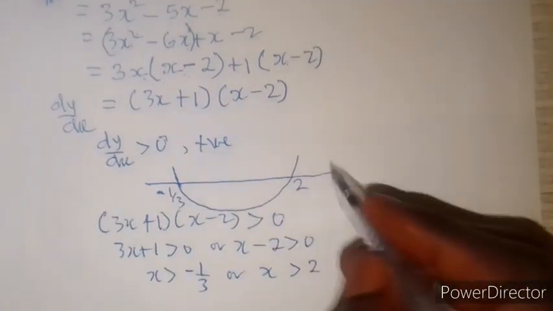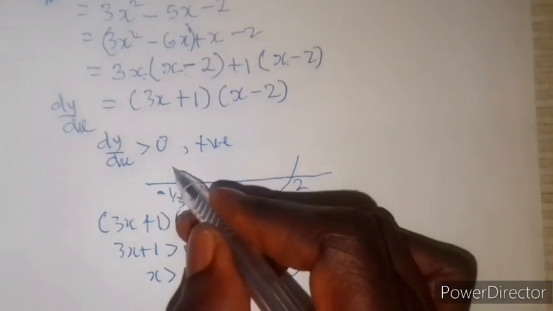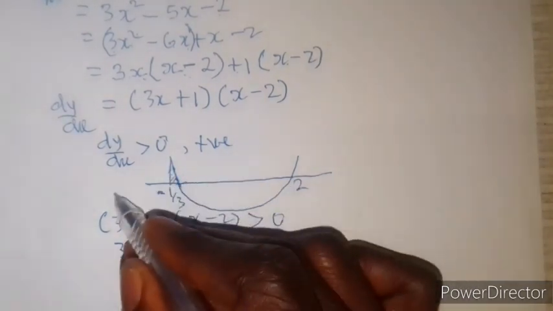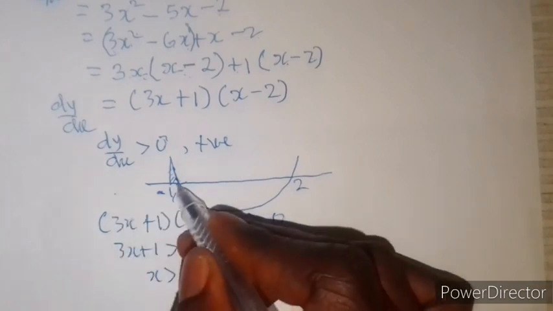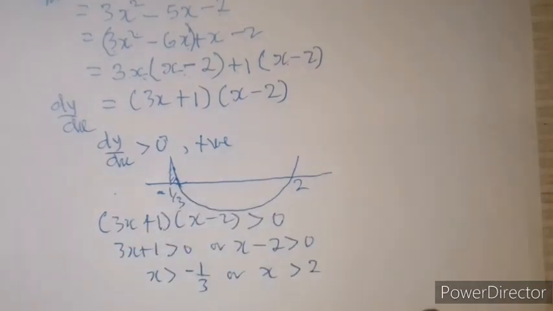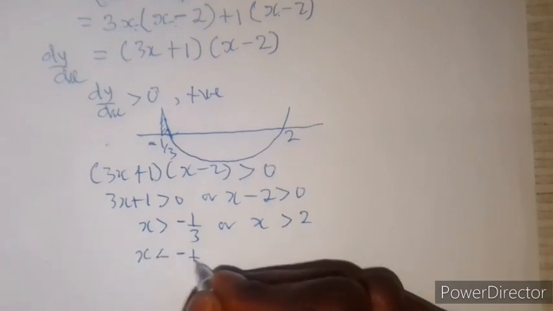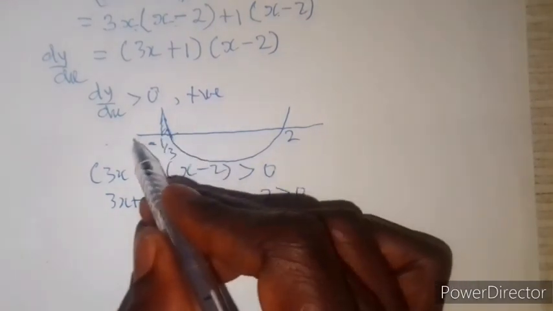So if you take a look at this graph, you will see that everything from this region here that I'm shading going this way, that is everything here, if we say x is less than minus 1 upon 3, let's say minus 1.